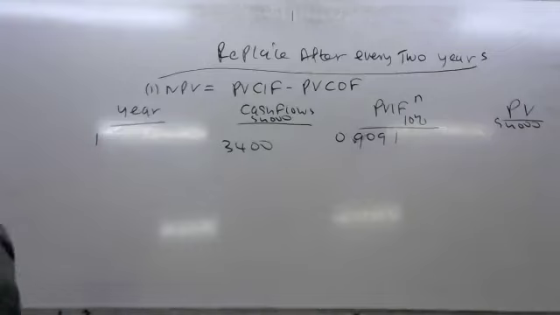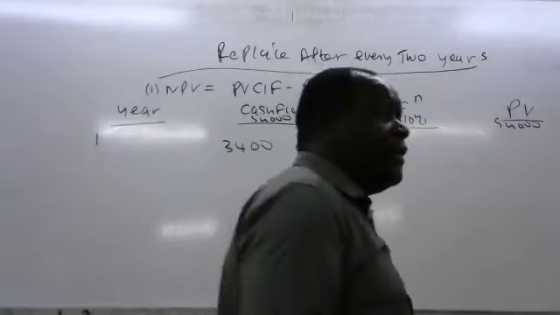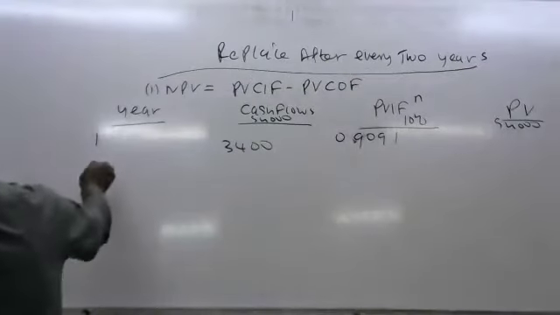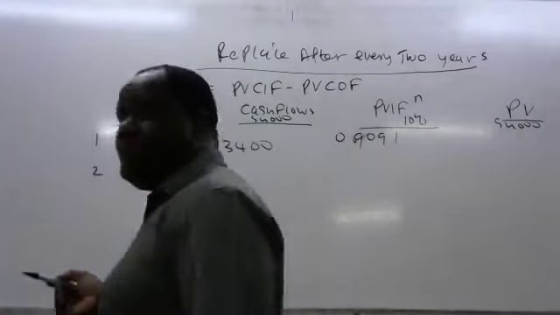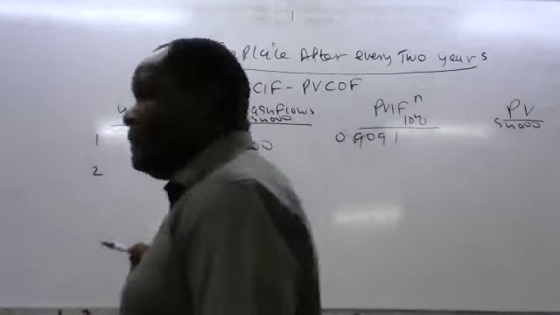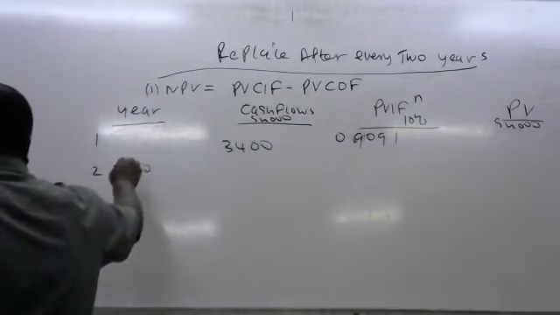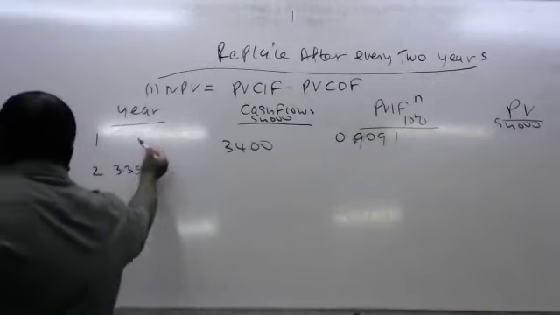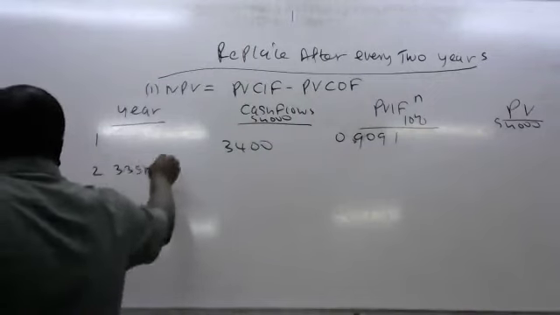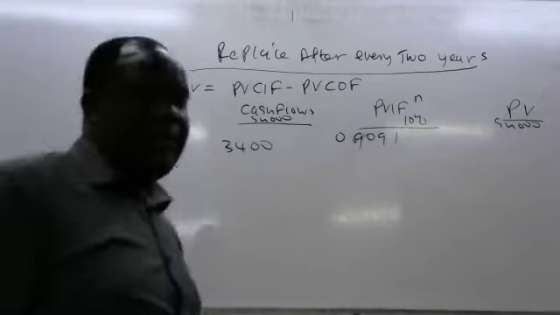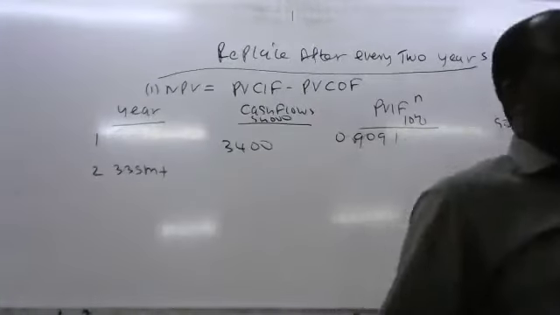We are replacing it after every 2 years. So give me the cash flows that we got for year 2. So you get that 350. So that is 3.35 millions. So what is the resale value for a 2-year-old machine? 2.5.